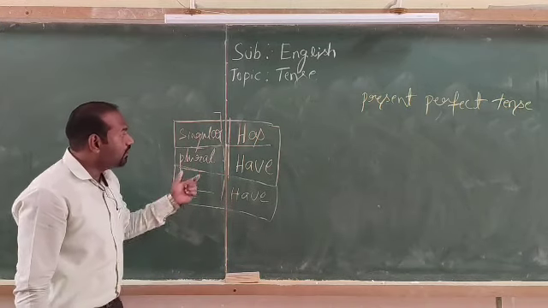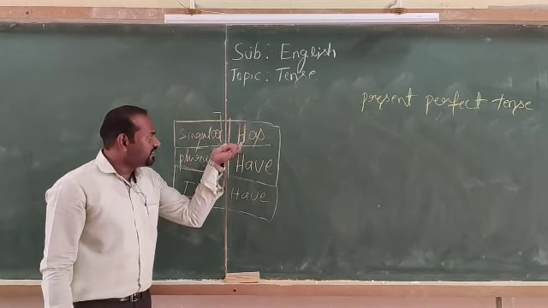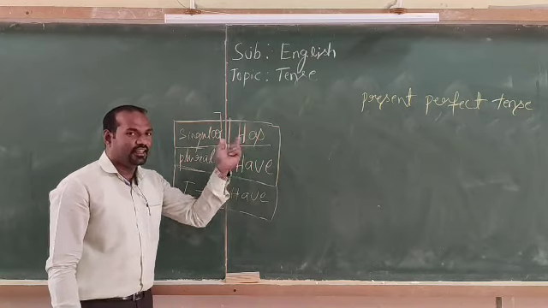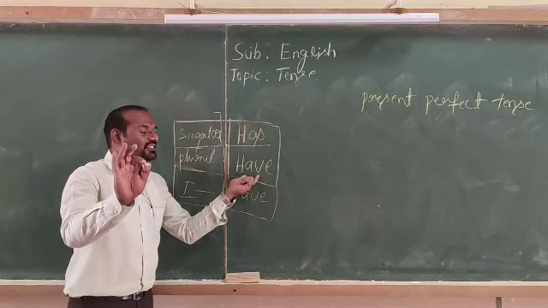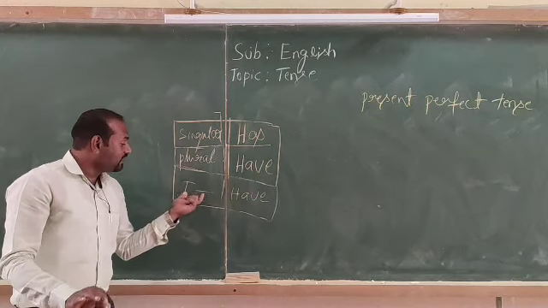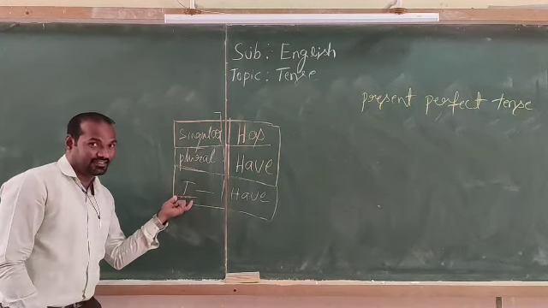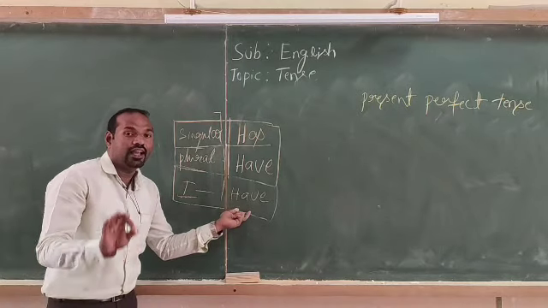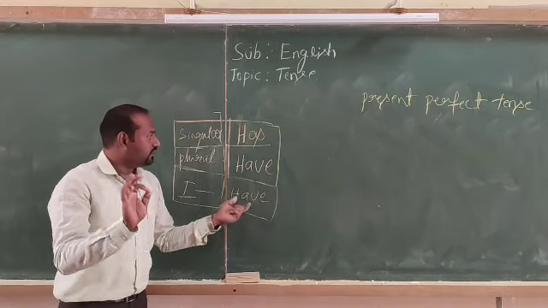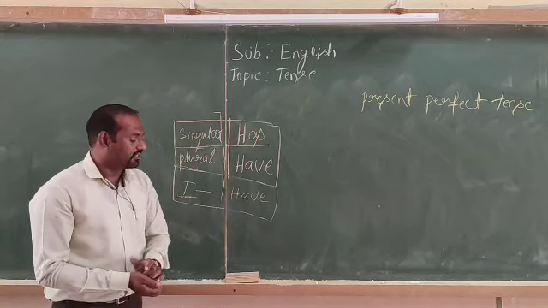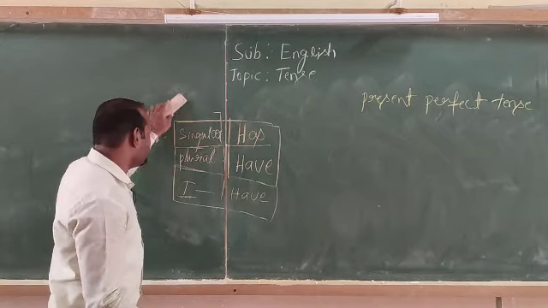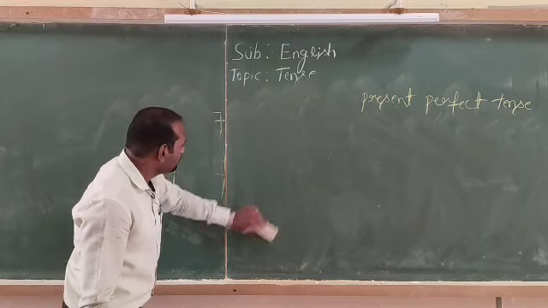These three you should always remember. If the subject is singular, use has as a helping verb. If the subject is plural, use have as a helping verb. If the subject is first person singular, I, use have as a helping verb. So this is the structure of the helping verb in present perfect tense. Let's get into one example straight away.